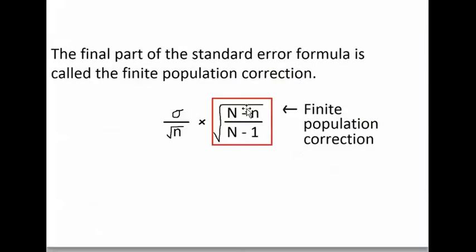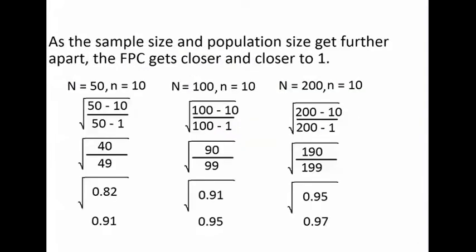When you multiply something by 1, it doesn't change the answer. So when the population is 20 times larger than the sample, the FPC is so close to 1 that you're basically multiplying this part of the formula by 1. And multiplying something by 1 doesn't change the answer. That's why the FPC can be left off when the population is 20 times larger than the sample.